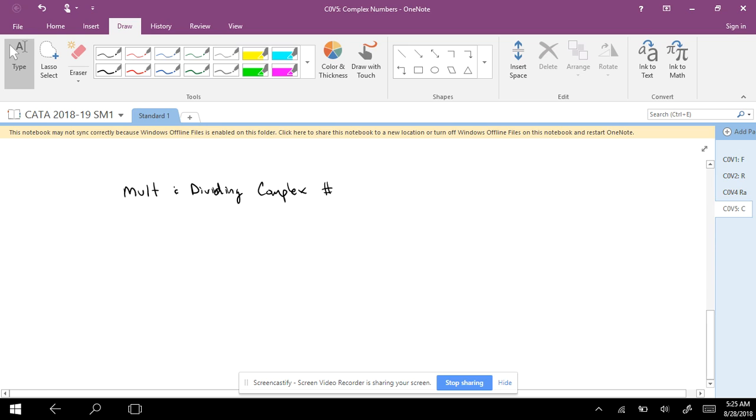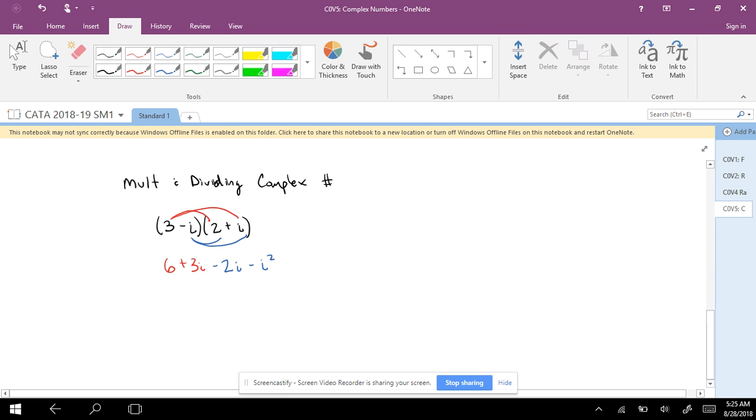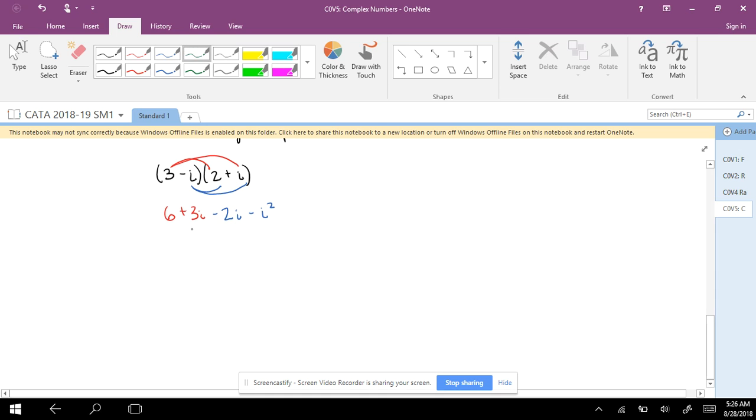So I think we don't need to spend a ton of time on this, but if I were to multiply 3 minus i times 2 plus i, I would distribute my 3, so that would be 6 plus 3i. I would distribute my negative i, which would be negative 2i minus i squared. I can combine my like terms here, which would be i.